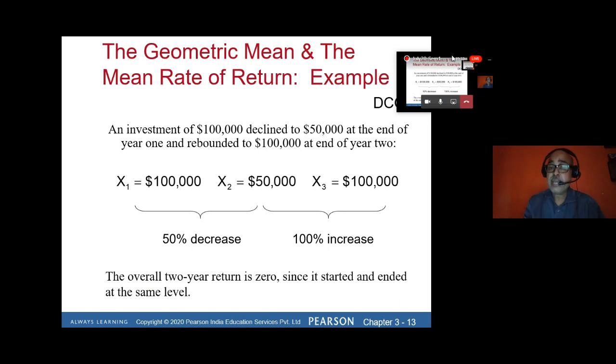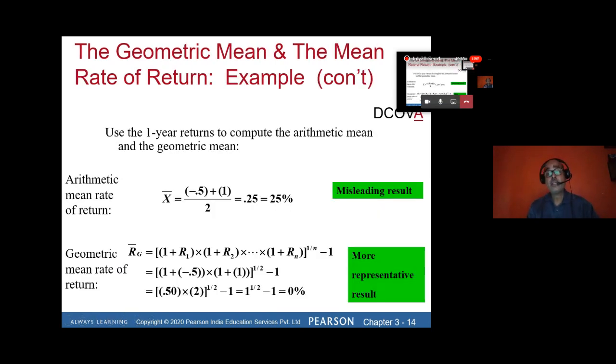But mathematically, from a statistical point of view, if I try to calculate arithmetically the average return, what is it?